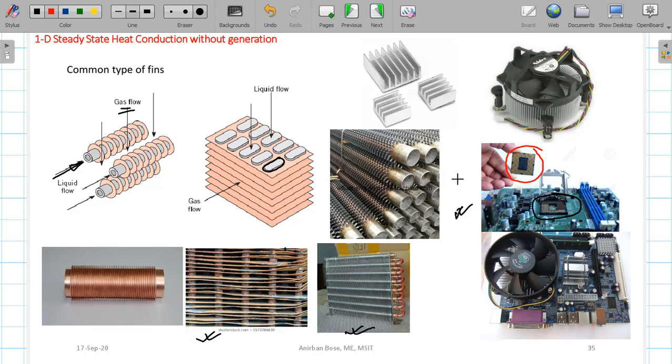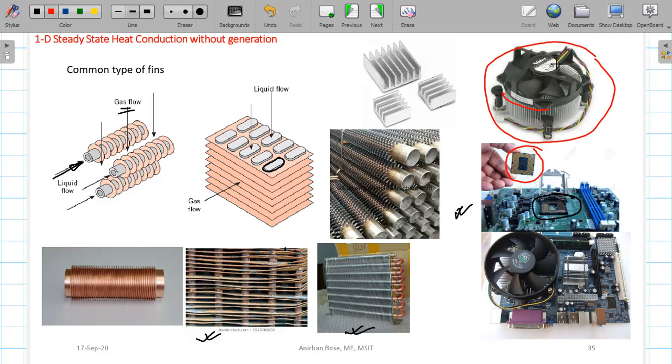And for that you see that exactly above this position you will find this kind of heat sink is present. Here you can see in the bottom side it is basically a heat sink, which may be made of aluminum or aluminum alloys, because they have very high thermal conductivity as well as being very thin, so that they can act as a fin.